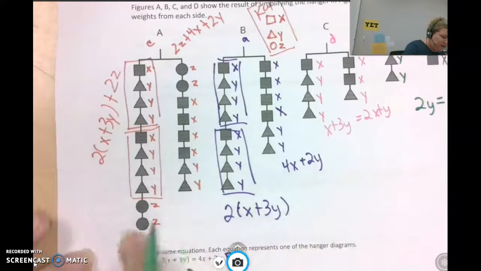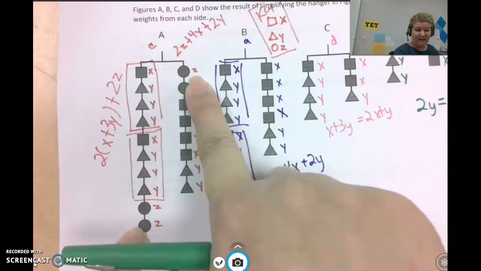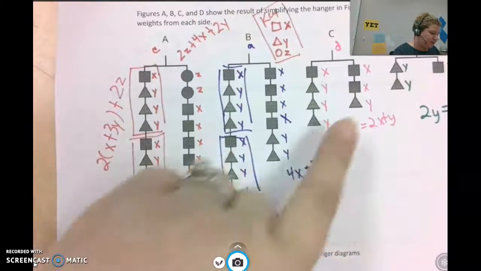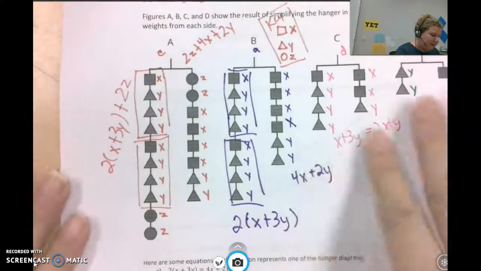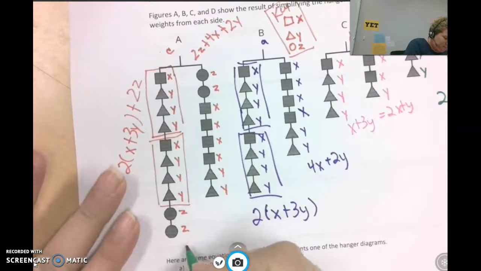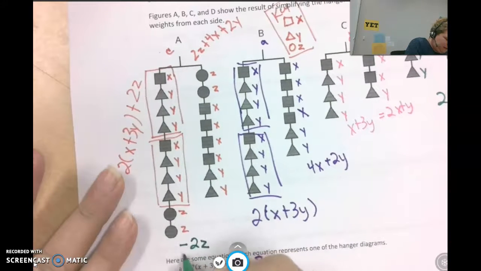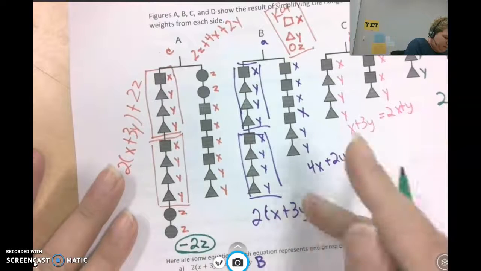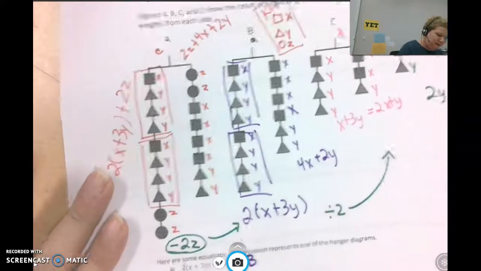So here, 2Z was removed from each side. Looks like everything was cut in half, so I divided by 2. Here I subtracted 2Z to get to here. And I divided everything by 2 to get to there.